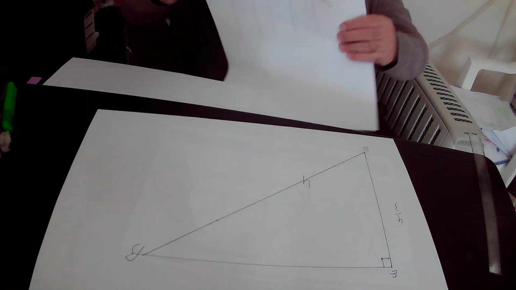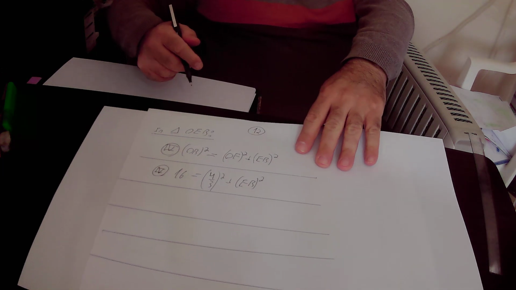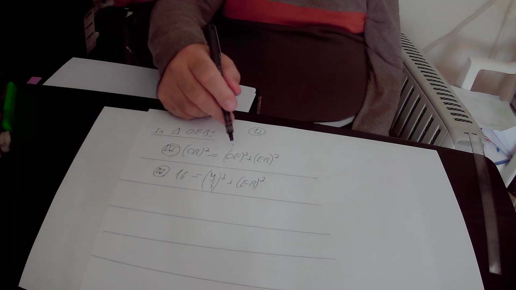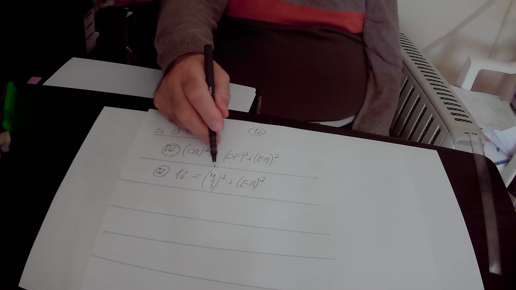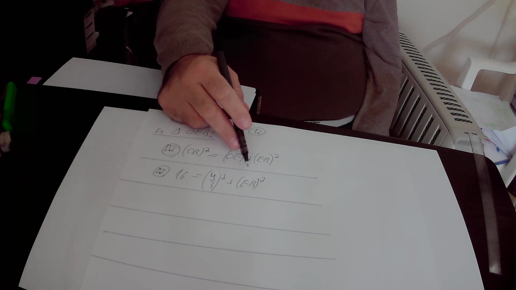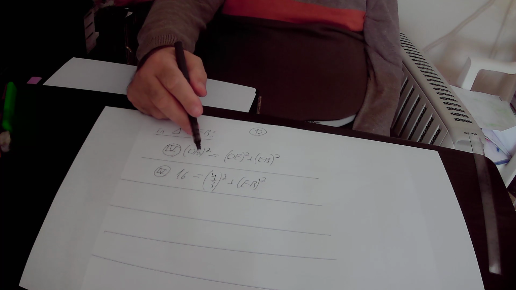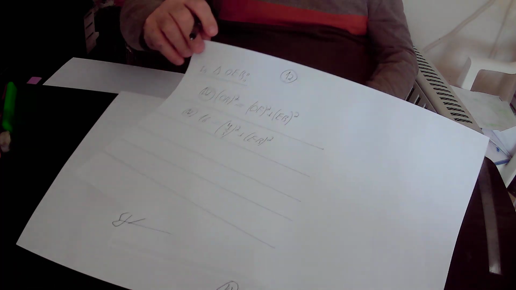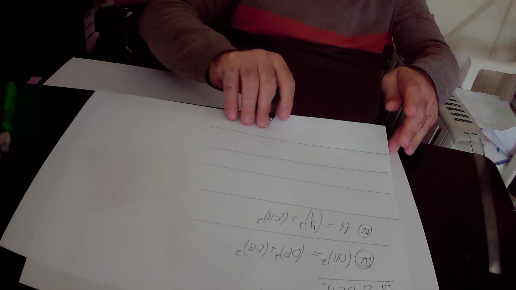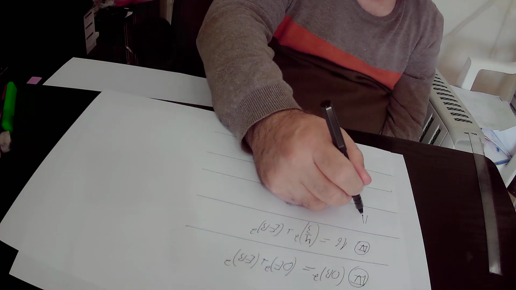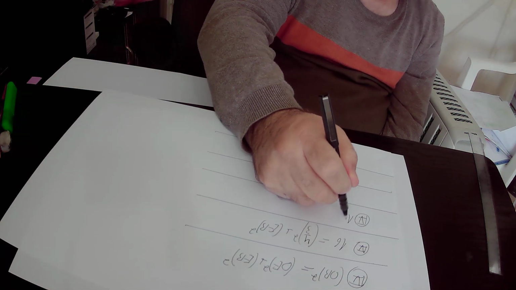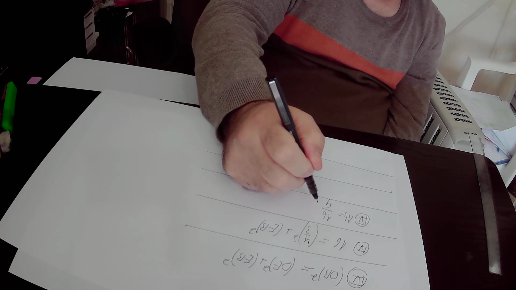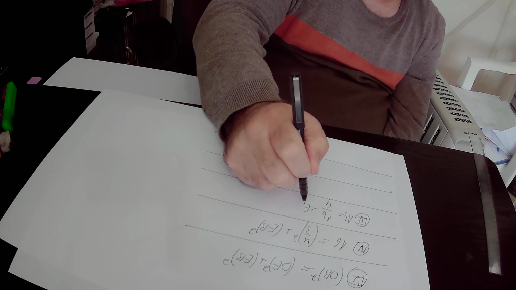So OB square is 16, OE square equals 4 over 3 square, and EB square. 4 over 3 square is 16 over 9, so I will write it down. According to equation number 4, 16 equals 16 over 9 plus EB square.